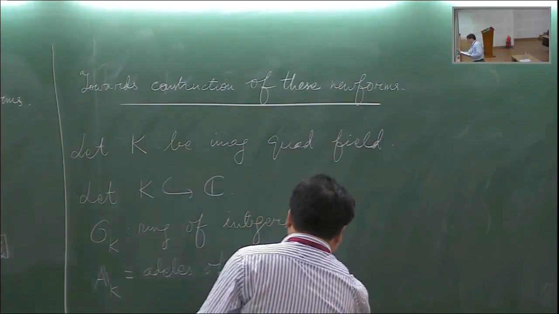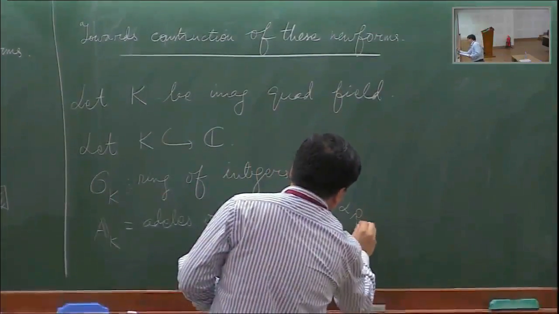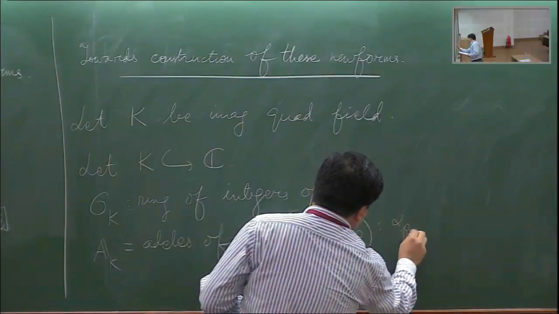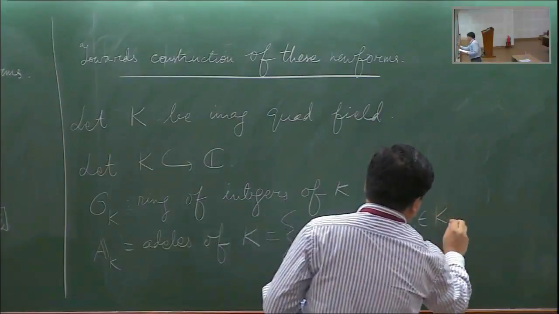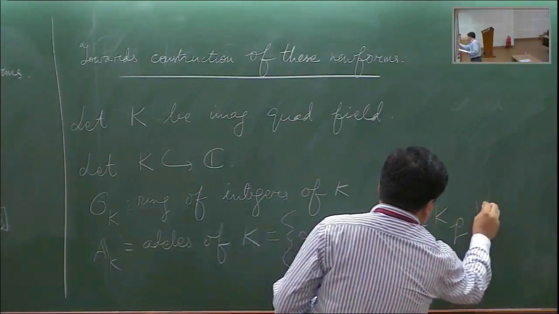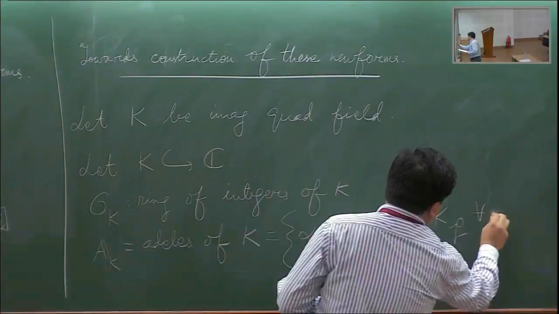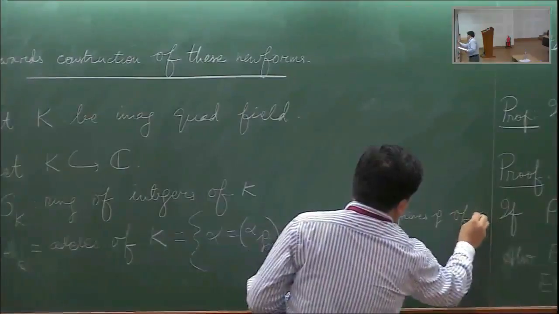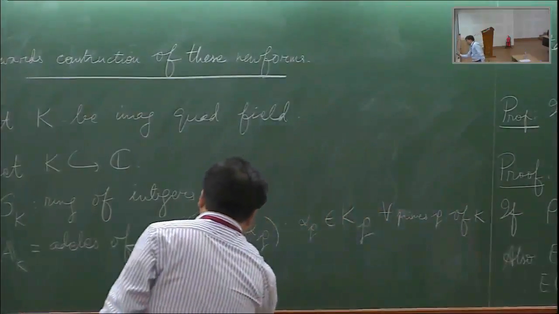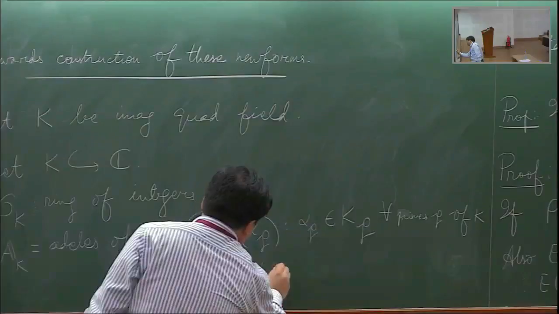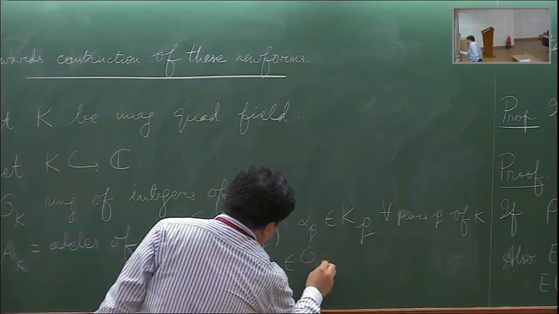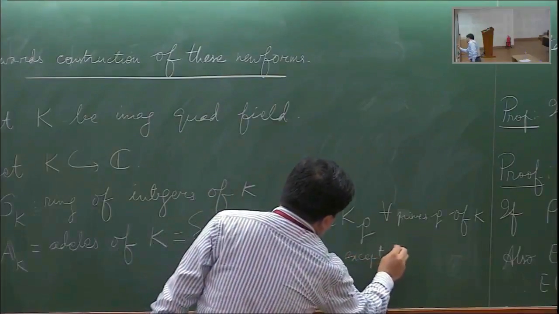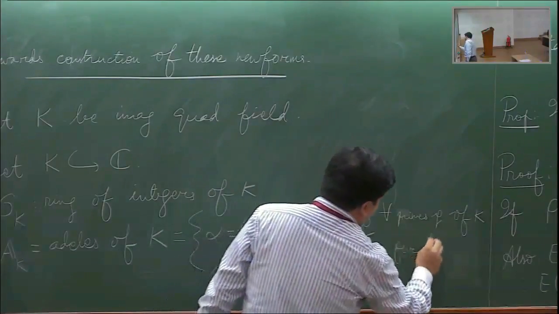So it is (alpha_P), okay, where alpha_P belongs to K_P for all primes P of K, and alpha_P belongs to O_{K_P} except for finitely many P's.